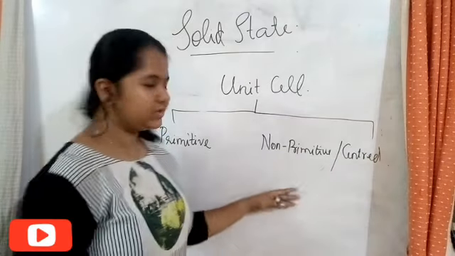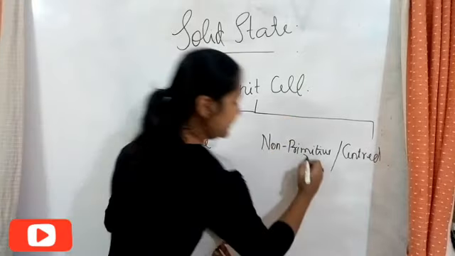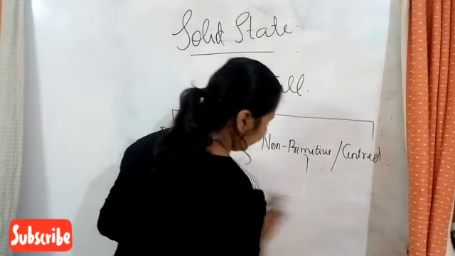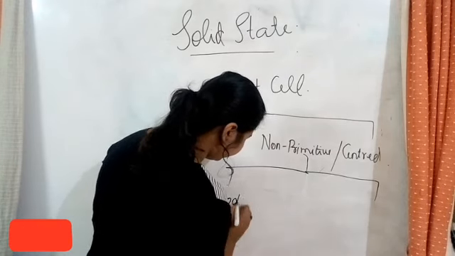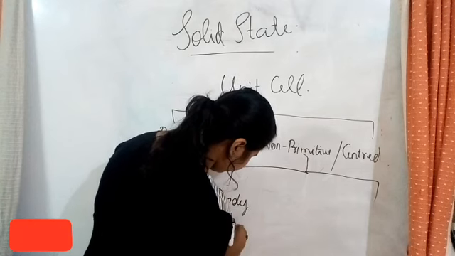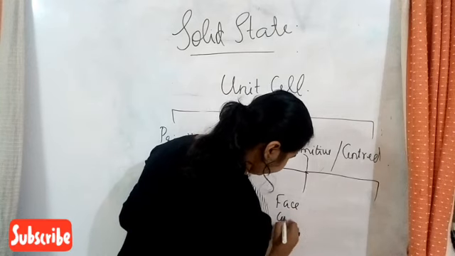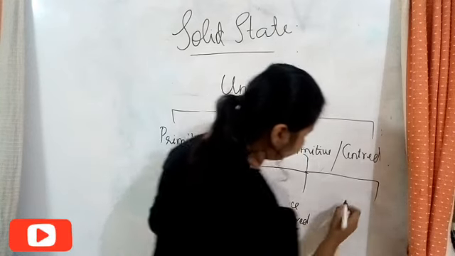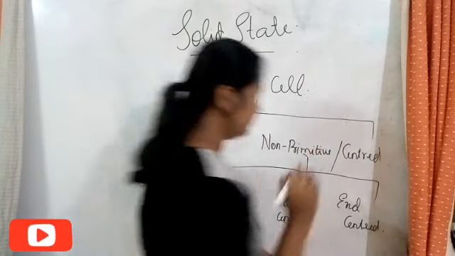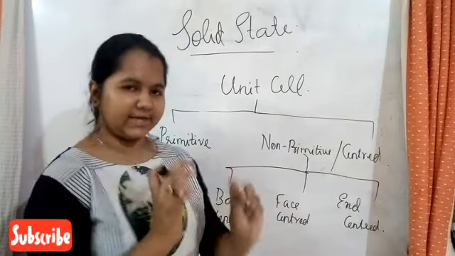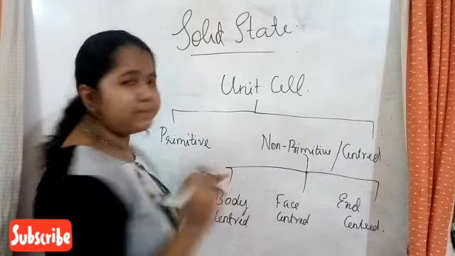Under non-primitive, it is again divided into three: body centered, face centered, and end centered. And under primitive we have only one category. So what is a primitive category?